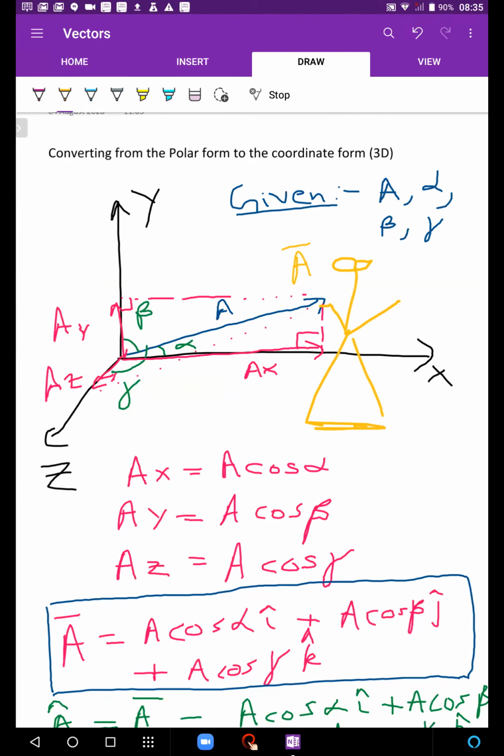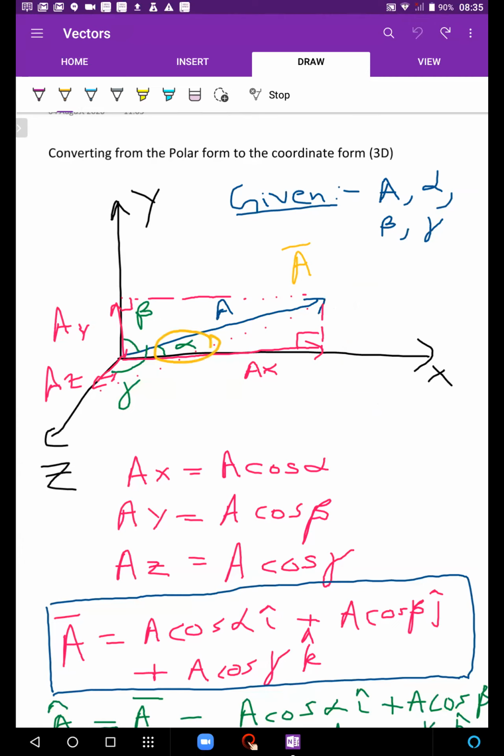So can everyone now imagine this 3D vector? That's the corner of your room, floor, wall, side wall, and you're standing somewhere, okay? And you're holding that rope in your hand. So that's how the 3D vector looks. Now, that vector, that rope, happens to make an angle alpha with the x-axis.